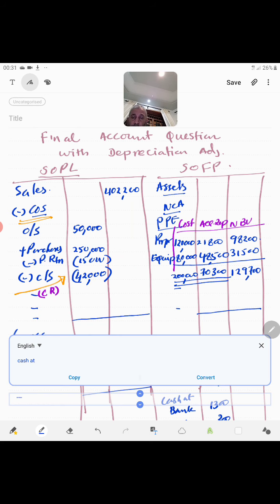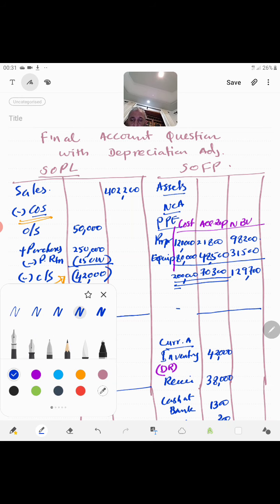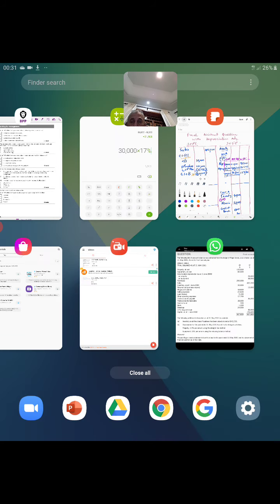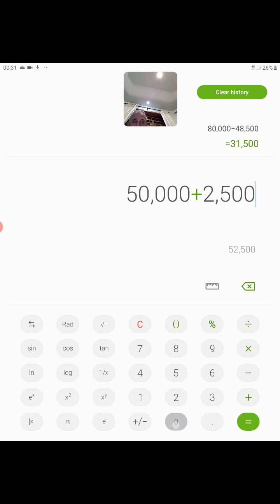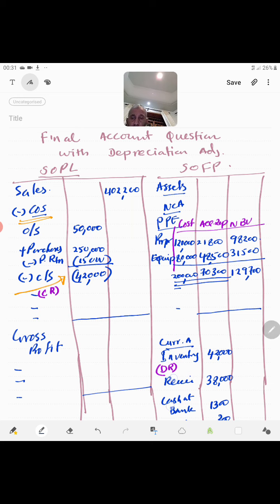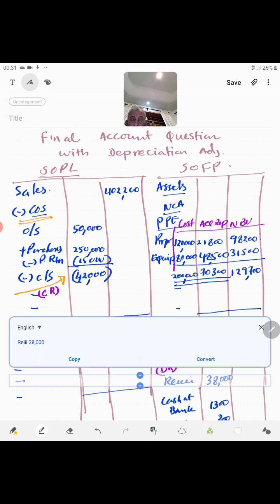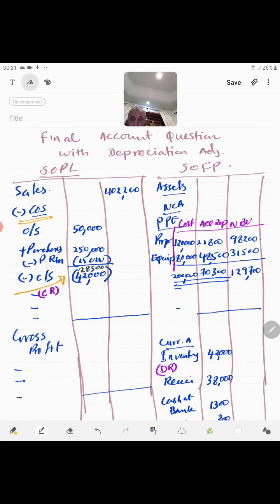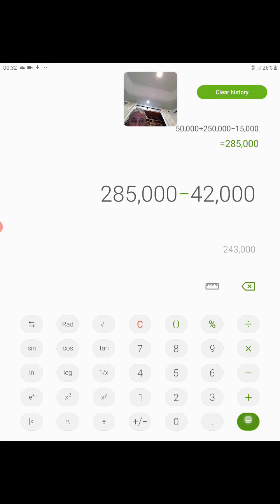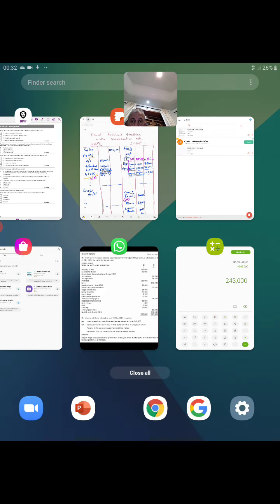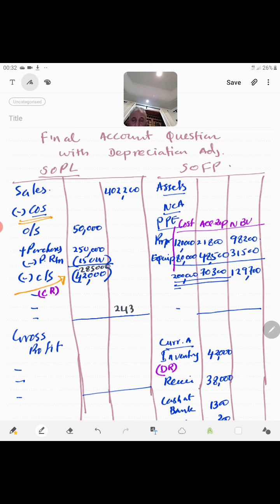So we take the total of 50,000 plus 250,000 minus 15,000, 285,000. 285,000 minus 42,000 is 243,000.